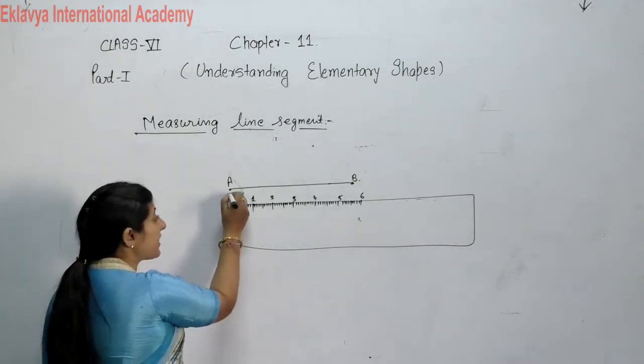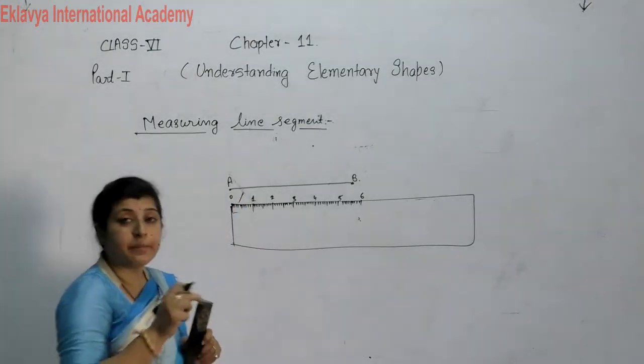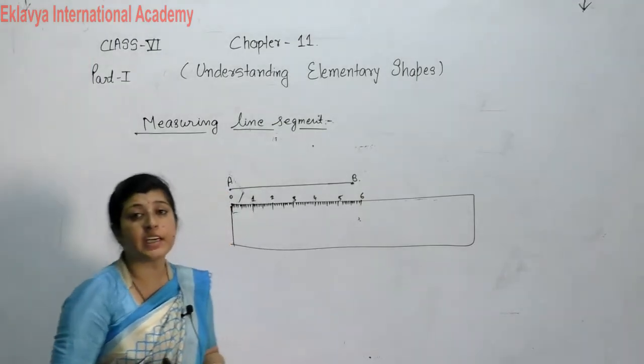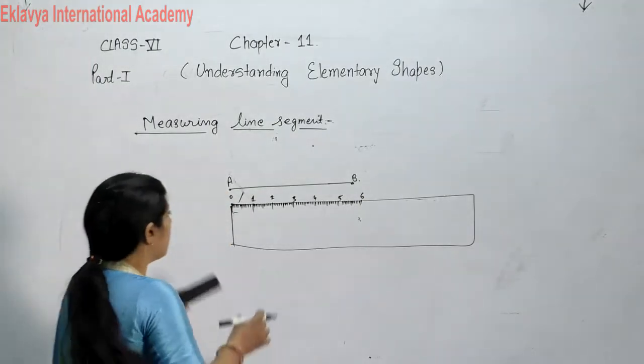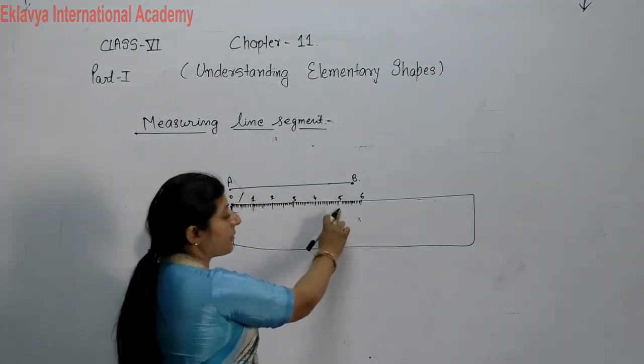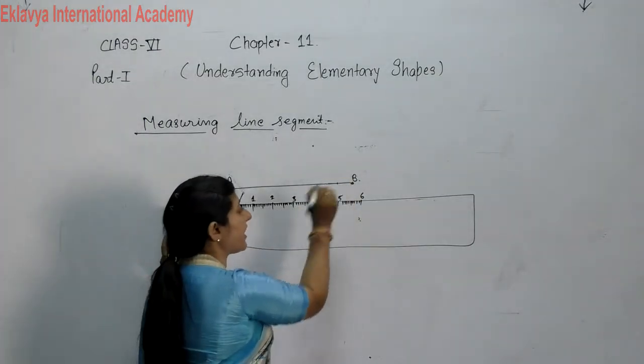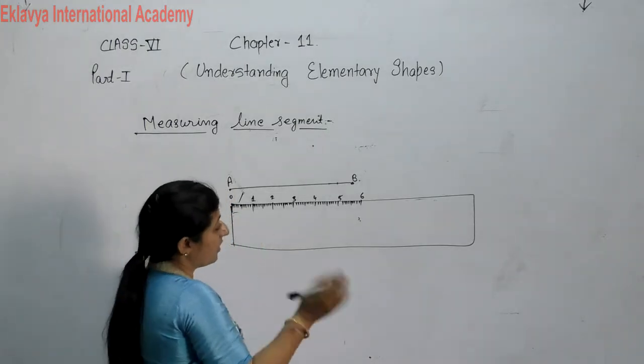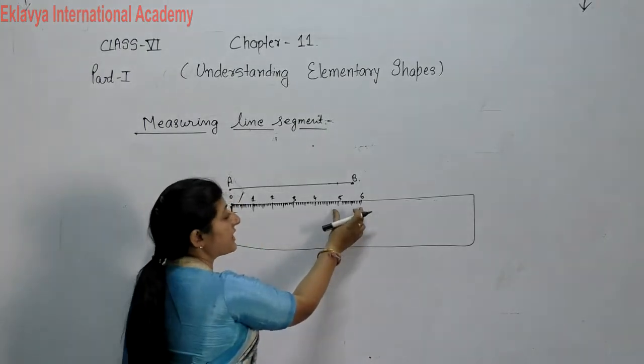Then see, this one is at point 0. In between, how many centimeters and millimeters? This one complete, 2, 3, 4, 5. 5 complete. It means till here 5 centimeter complete. Now, this is between 5 and 6.